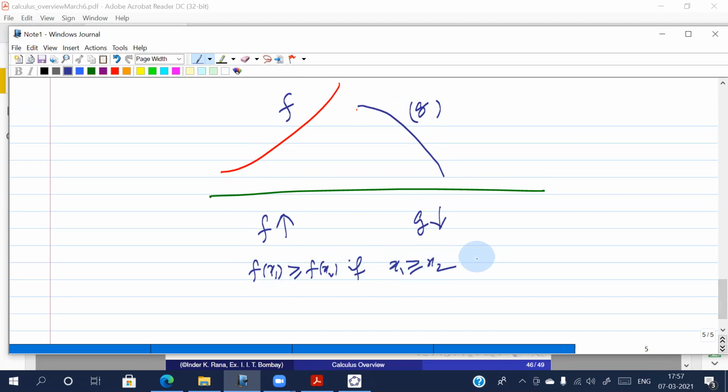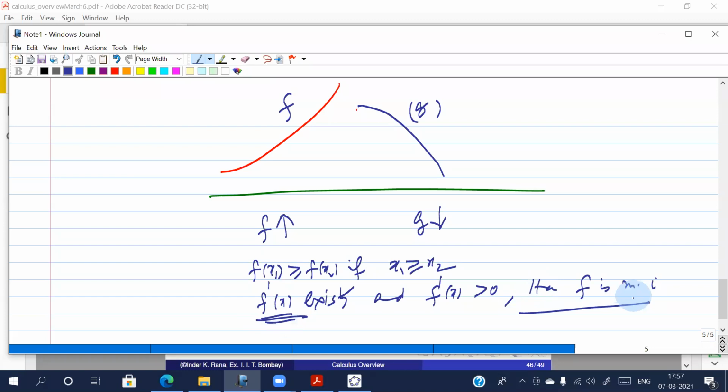But if you have some extra knowledge about the derivative, that if f dash of x exists and f dash of x is bigger than 0, then f is monotonically increasing. Extra knowledge about f gives you this, and similarly for decreasing. This is how calculus is used in analyzing increasing and decreasing.